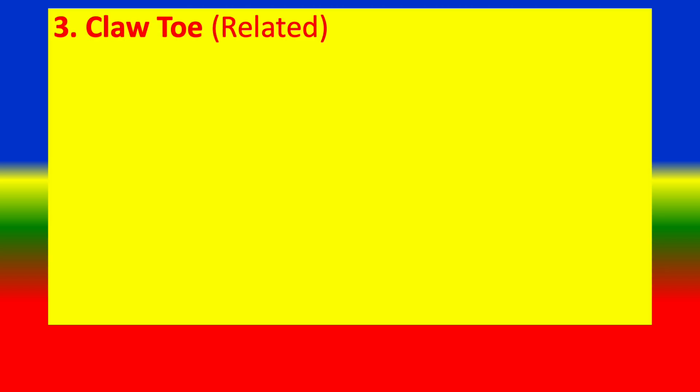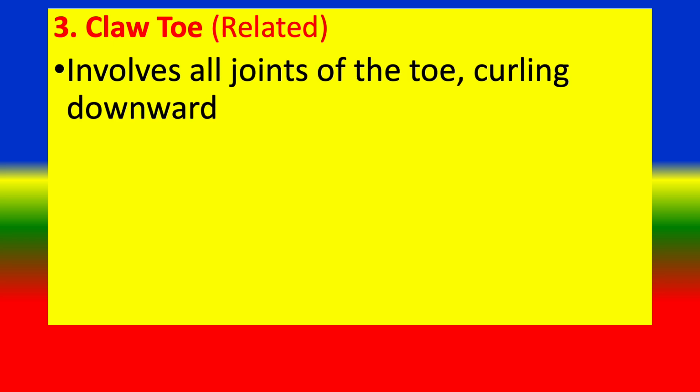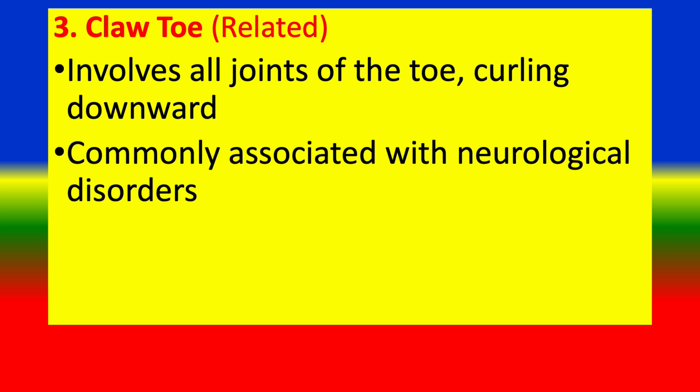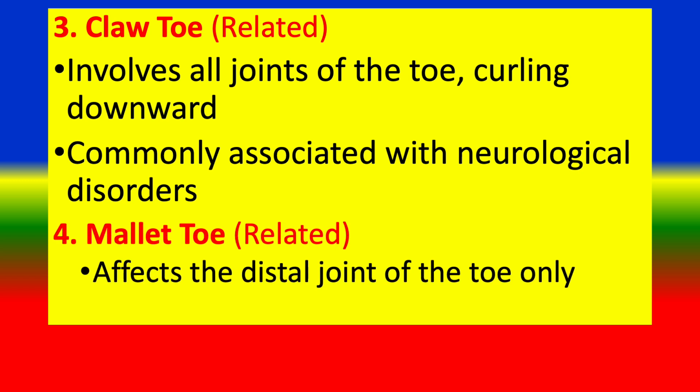Claw toe. Related, involves all joints of the toe curling downward, commonly associated with neurological disorders. 4. Mallet toe. Related, affects the distal joint of the toe only.